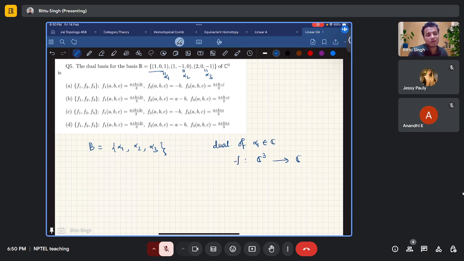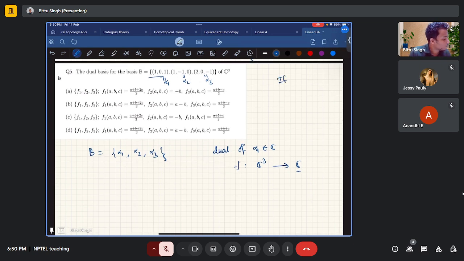So the dual will be a linear functional from V to the field F. In general, if V is a vector space, then the dual vector space is formed by linear functionals f from V to the field F. So V star is defined to be all linear functionals from V to F. This is the dual space, and given a basis we can find the dual basis corresponding to it.